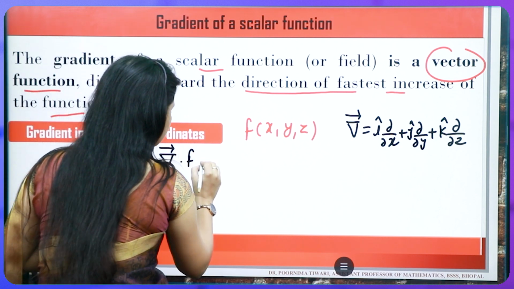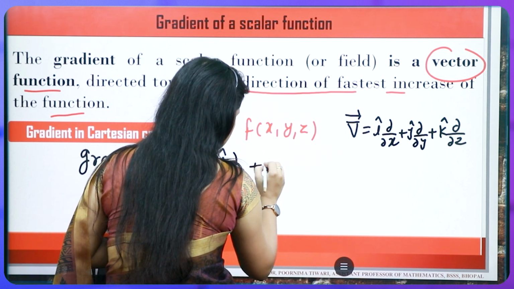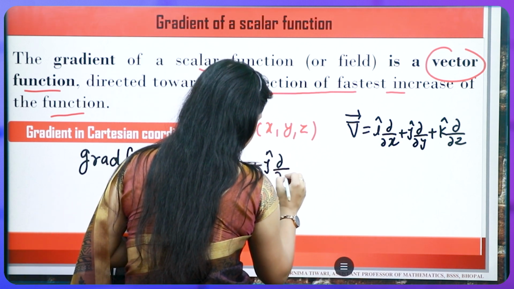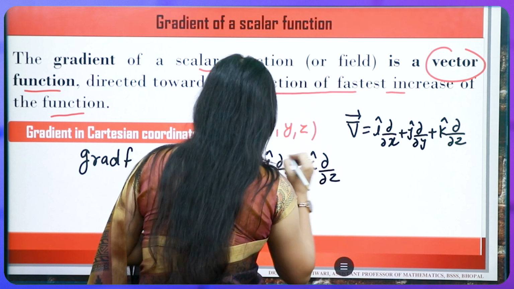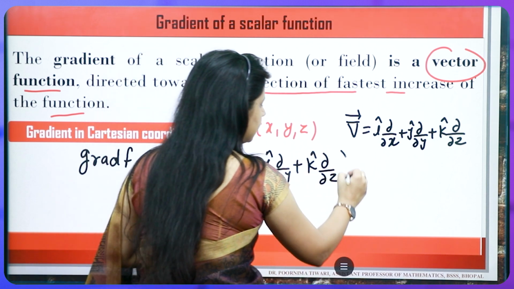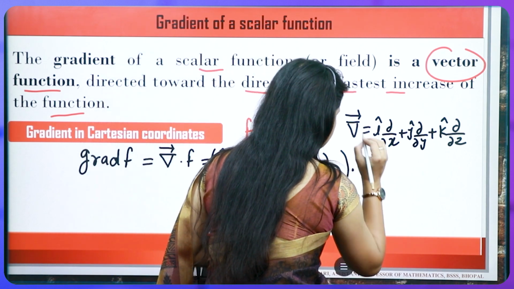Value of the grad f is del of f. Now, we will write the value of del, that is i cap del by del x plus j cap del by del y plus k cap del by del z. And to this vector operator, we will operate our Cartesian function f.